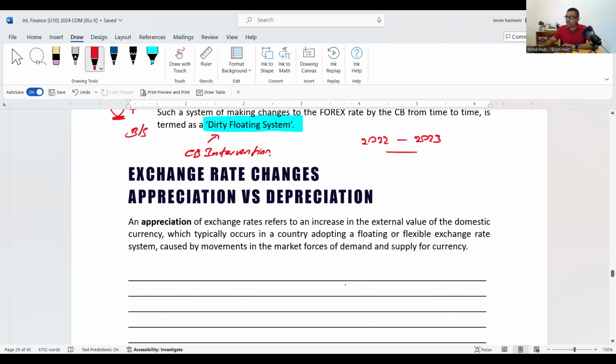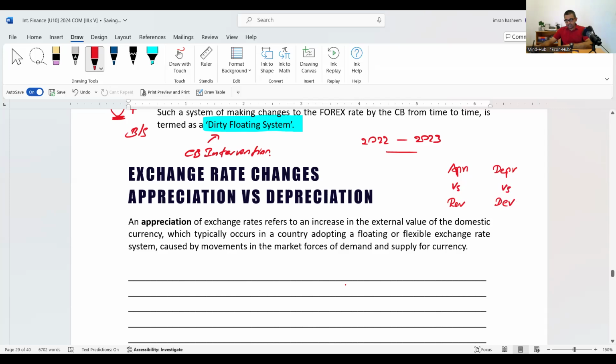In the beginning itself, if I have something for you, here we have appreciations and depreciations. Then we have revaluations and devaluations. So there is a comparison for you here and here.